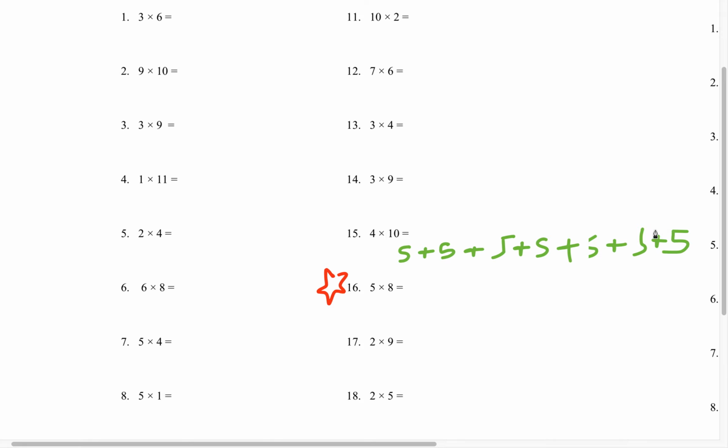Yeah, my 5s are very weird today. I'm very sorry. So 5 plus 5 plus 5 plus 5. This is 10. 5 plus 5 is 10. And that's basically 5 times 2.